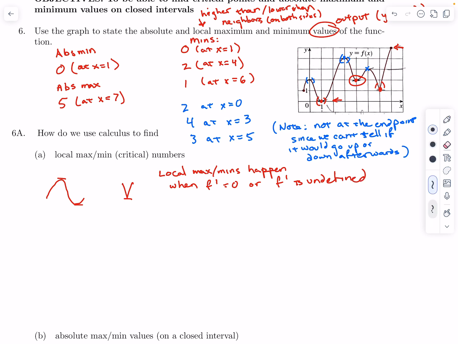Let me rewrite the word is. Seem to be unable to spell today. Okay, undefined. So they are places where you are, again, higher than your or lower than your neighbors.